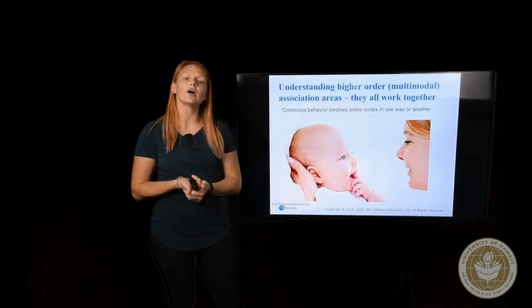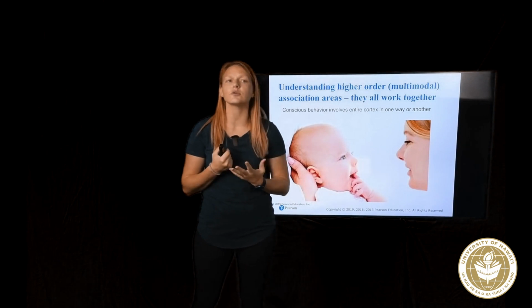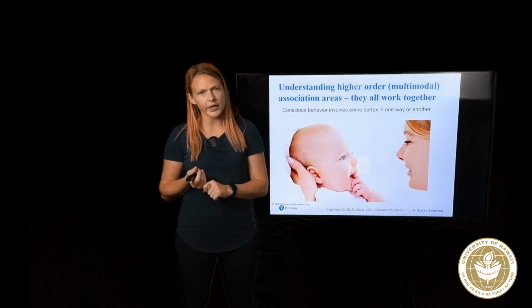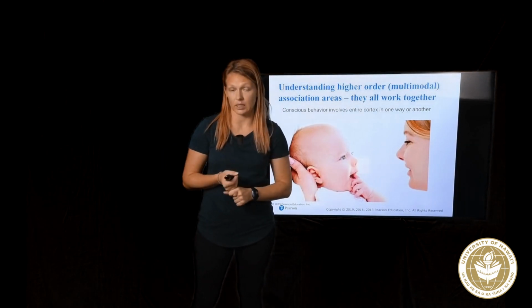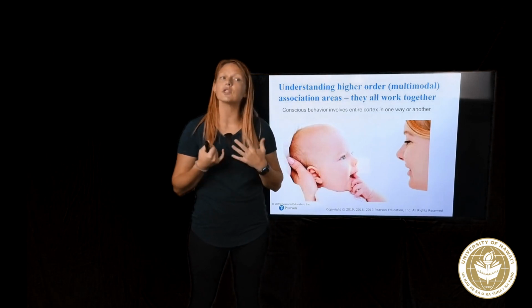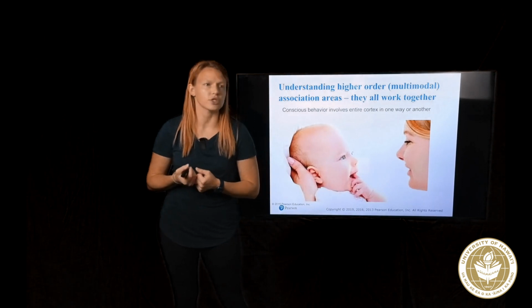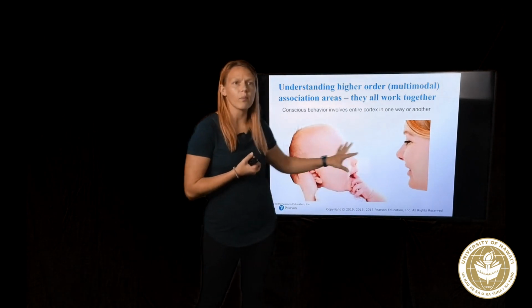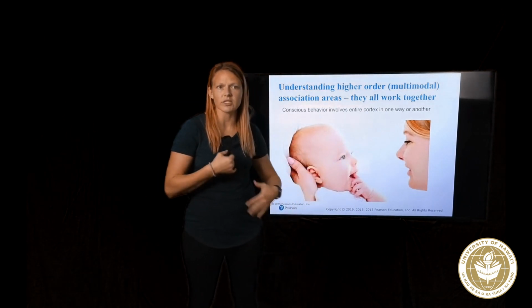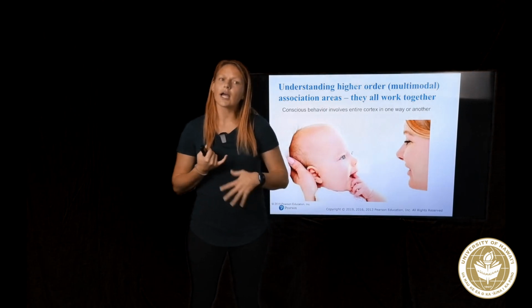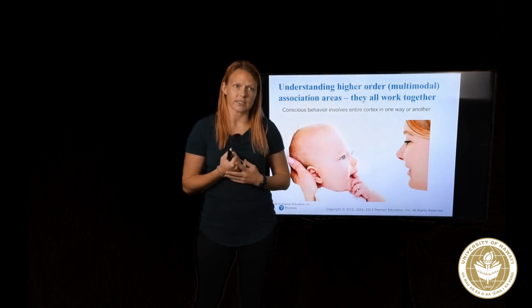So I've talked about the anterior association area, the posterior association area, and the limbic association area. How do they all work together? So shown in this picture, I showed this picture to you before, you have a mom talking to the baby, right? So what's going on here? There are actually several areas that are acting together.